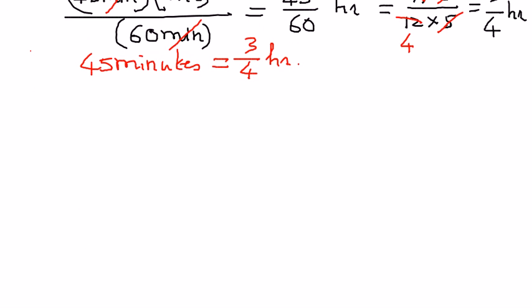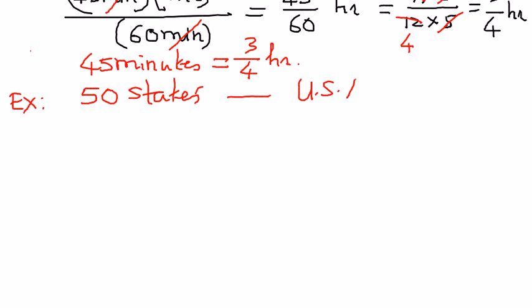Let's take another example, and this time we want to talk about a different type of example altogether. Let us say we have 50 states in the USA, United States of America.